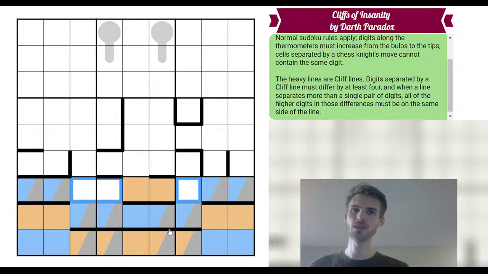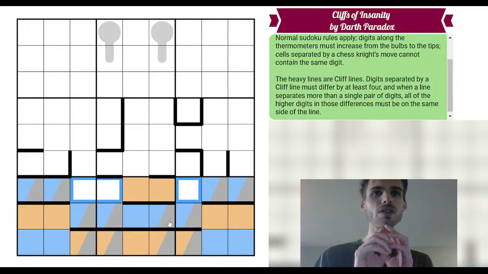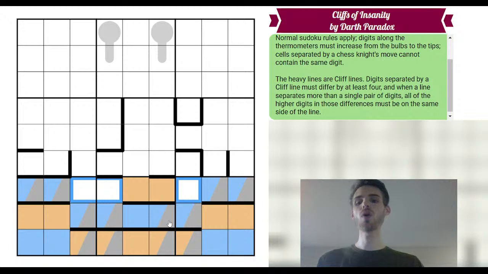I don't think 5 can be sandwiched between two cliffs if the cliffs are longer than one cell. Oh, that was a real point? You can't have 5 oranges. Oh, in box 8. Thank you.